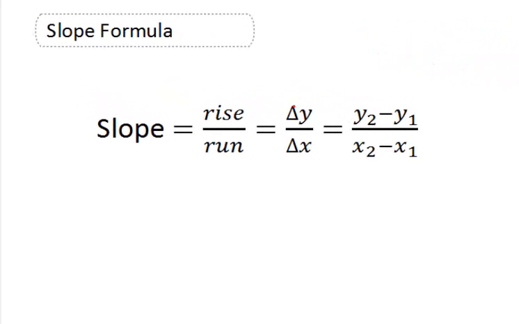Now, this symbol here, this triangle, actually represents the change. So this means the change of our rise divided by the change of our run. And we calculate the change by just subtracting them. So y2 minus y1 divided by x2 minus x1.